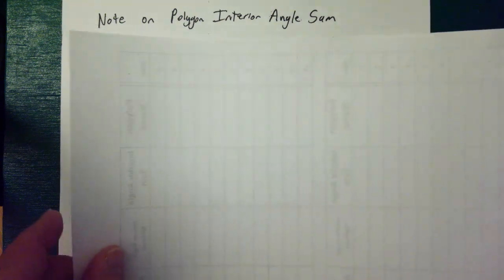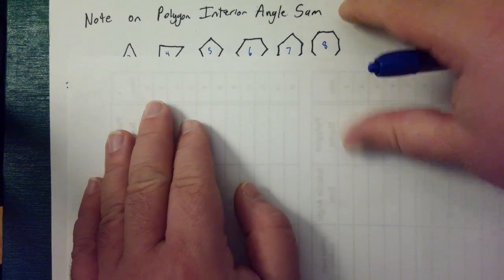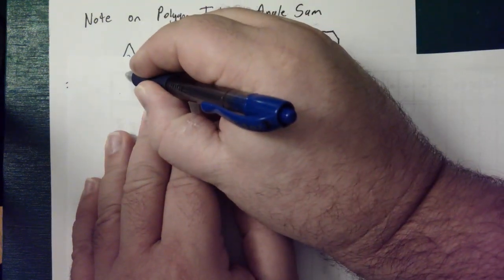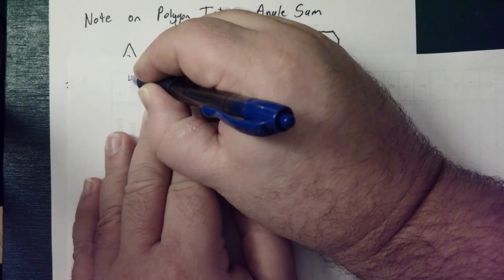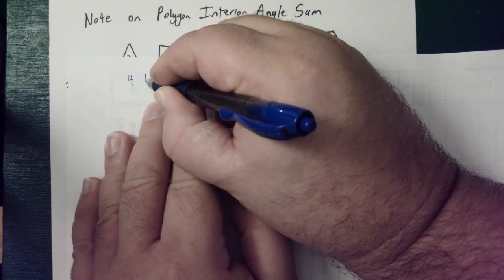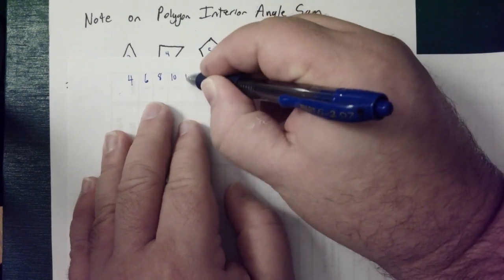Okay, so I'm going to write on the back of this paper real quick. Let's say we have a pattern like 4, 6, 8, 10, 12.